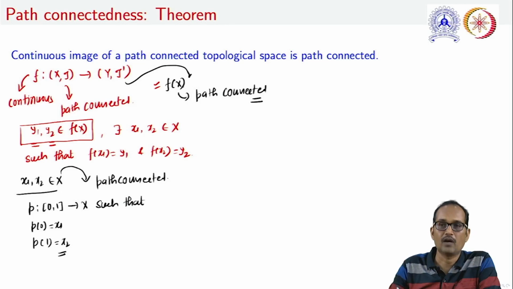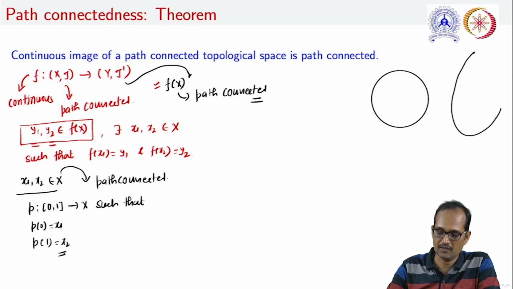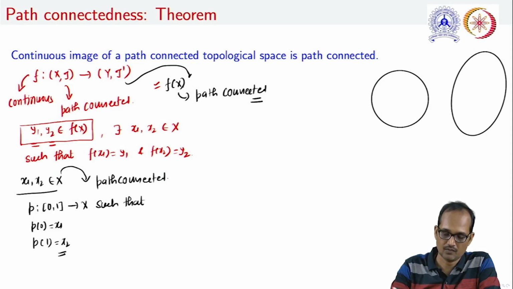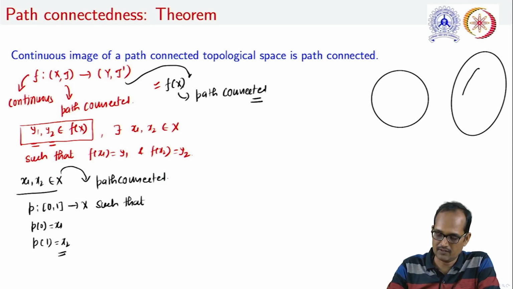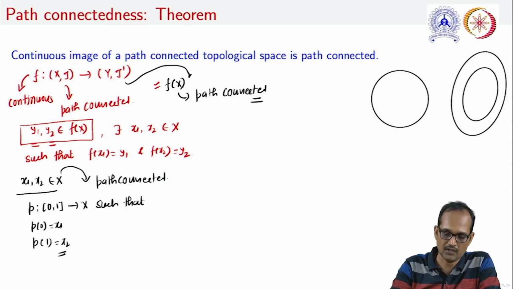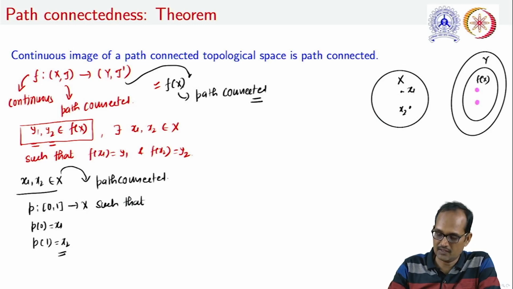So finally, what we have with us is the space X, and let us take this is Y. What we have is that f(X) is included in this Y, that is, this is our X, this is Y, and this is f(X). We have taken two elements y1 and y2 in f(X). Corresponding to y1 and y2, we have chosen x1 and x2 in X such that f(x1) is equal to y1 and f(x2) is equal to y2.